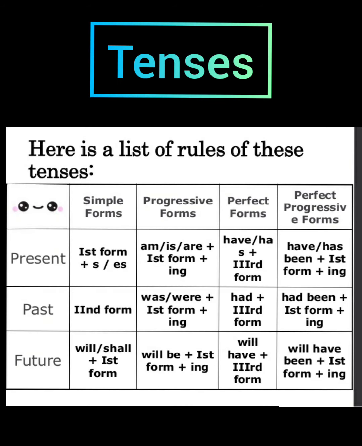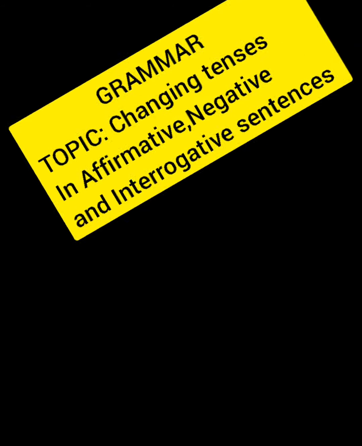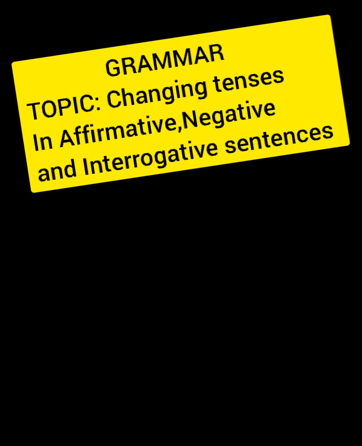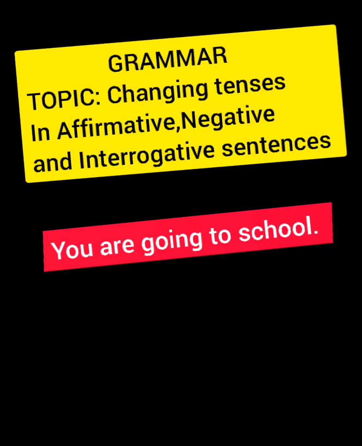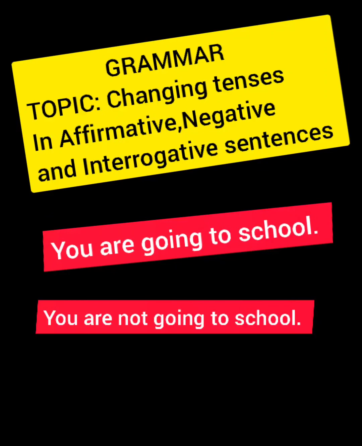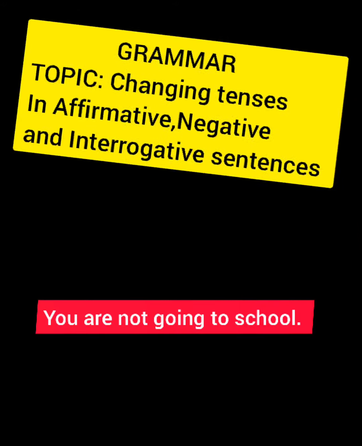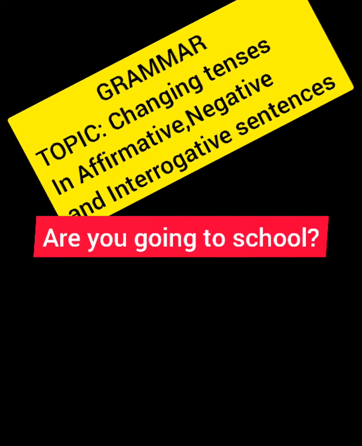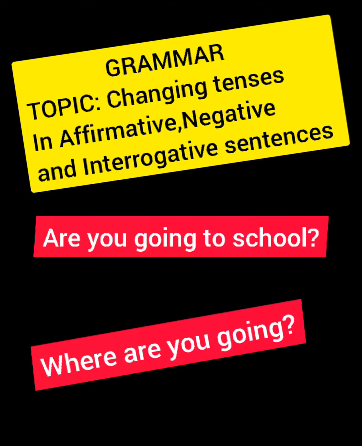My dear students, in the recent video lecture, we have already understood the tenses with their rules and structure, right? So, the objective of this video lesson is to make you all understand how we can actually transform a sentence in different tenses in affirmative, negative and interrogative case, right?